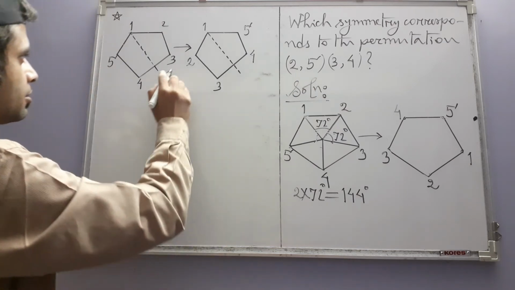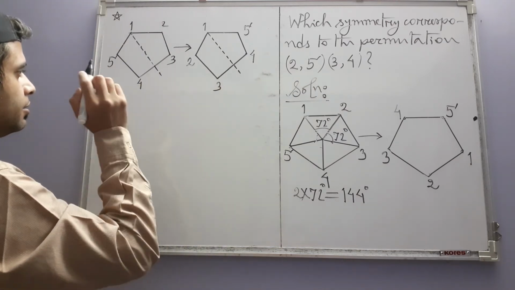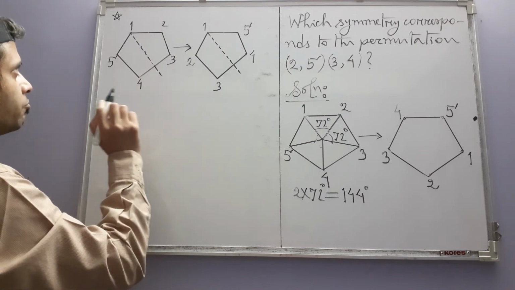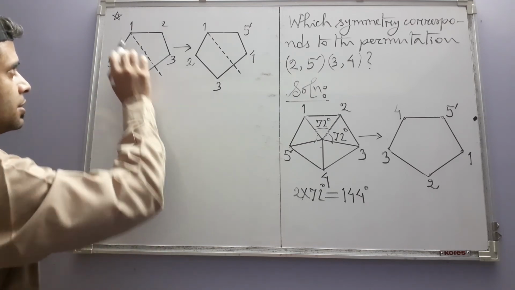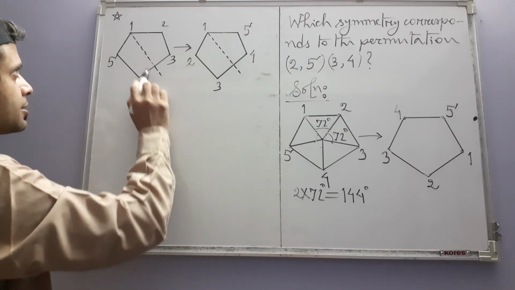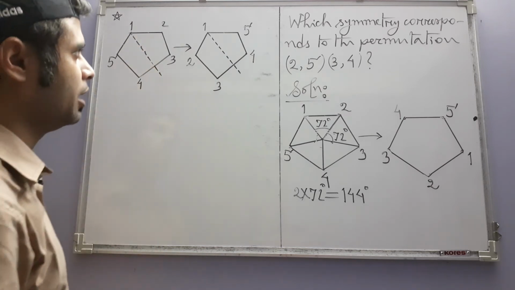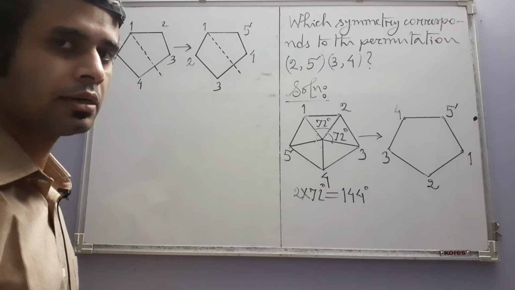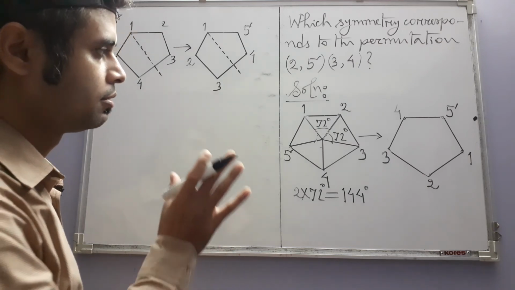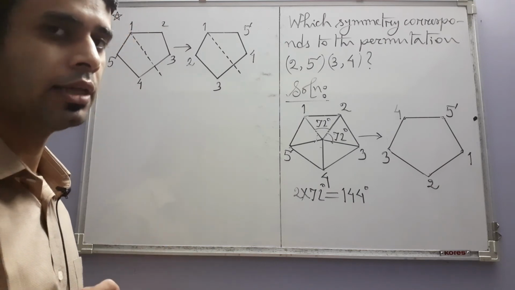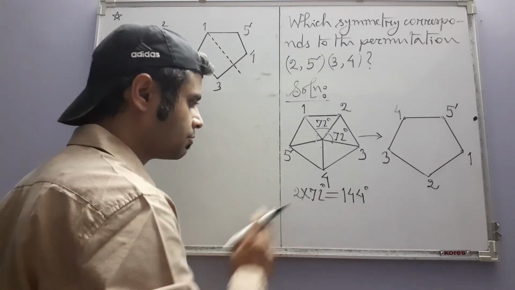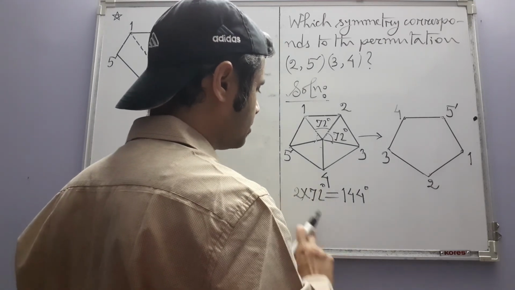So you have to just write it in words that it is flipping the pentagon about the axis of symmetry that passes through the vertex 1. So you can write the geometric symmetry or transformation in words like that. For example, here you write rotating the pentagon.